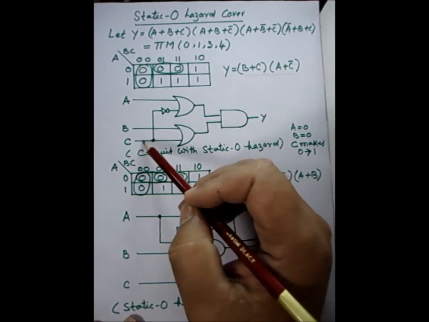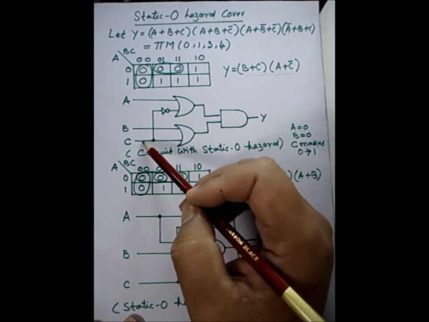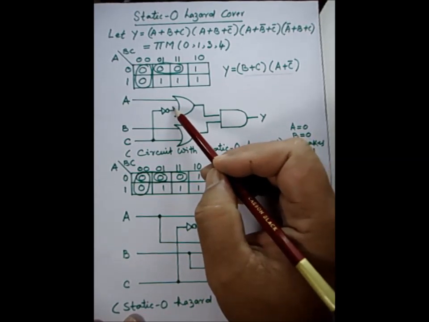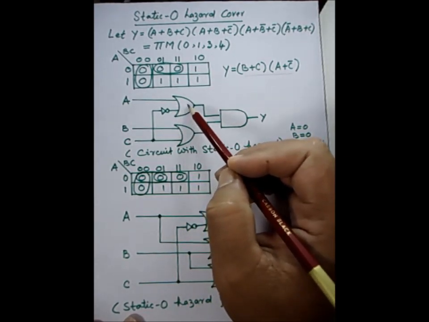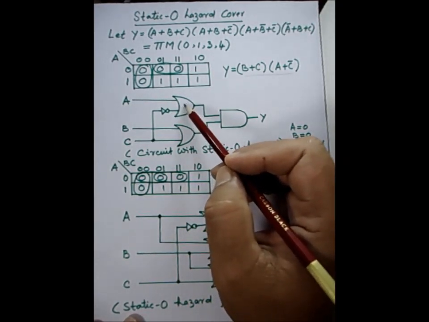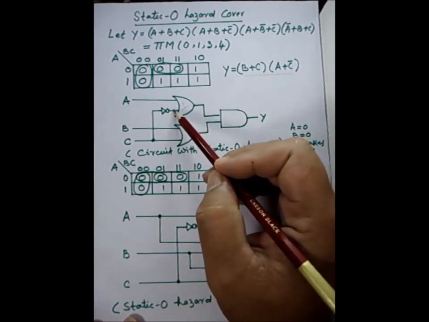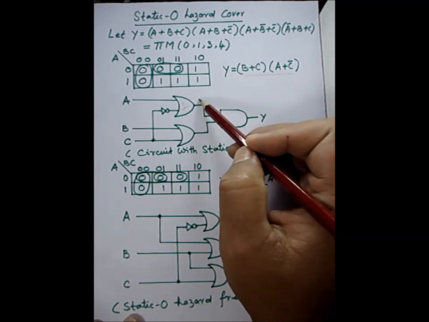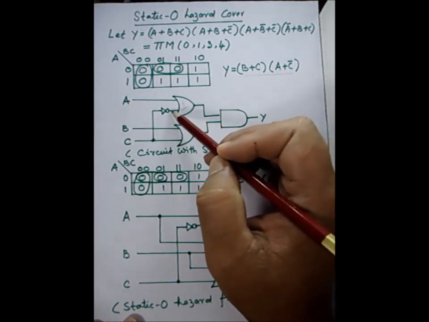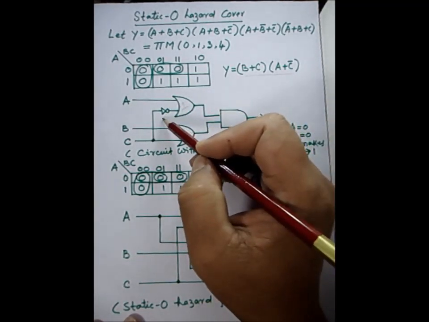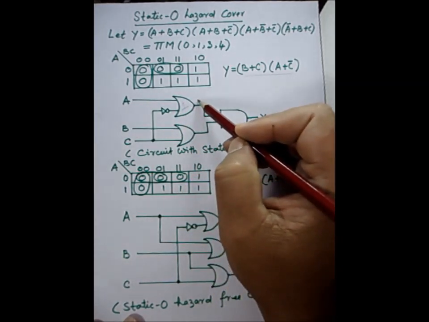Therefore, C is 1, and the complement of C, which is one of the inputs to the OR gate, gate number 1, is also 1. Therefore, the output of that gate, due to the delay in the NOT gate, remains 1 for that period of time.